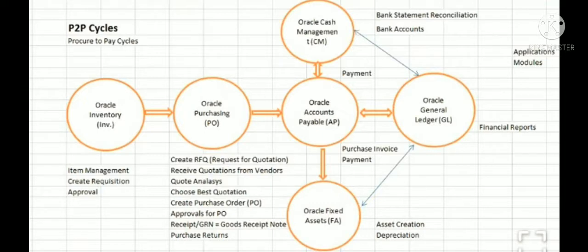Once this purchase order has been raised within the organization, it will equally need to be approved. These are internal controls, control measures put in place within the organization to make sure that all purchases that are raised are authorized. Once this purchase order is raised, it will be approved by the procurement manager, as well as the divisional manager or the finance manager, depending on the internal control systems in place.